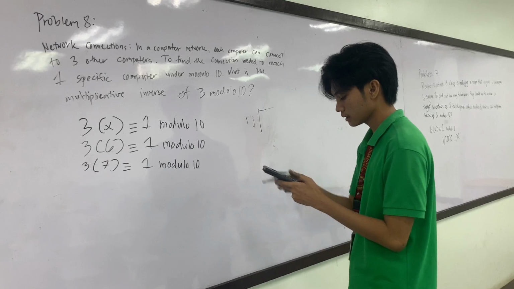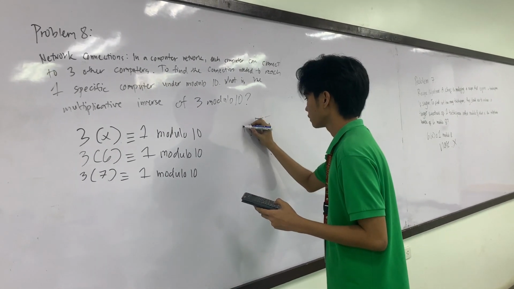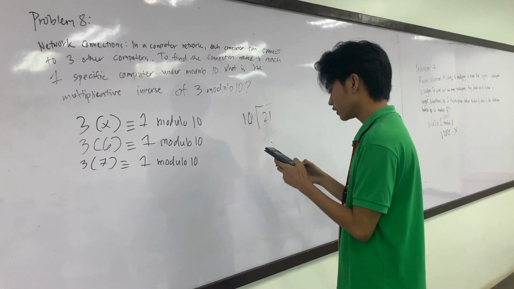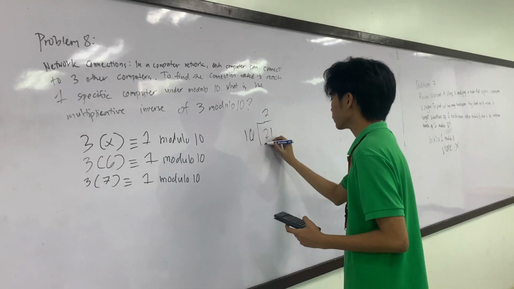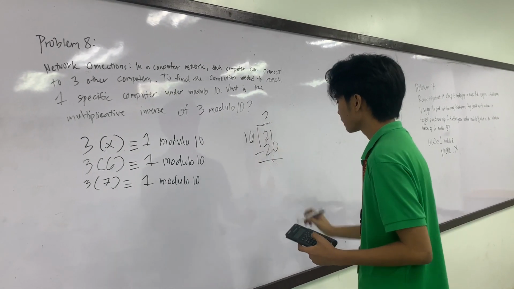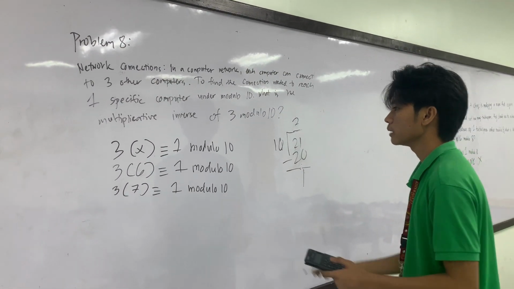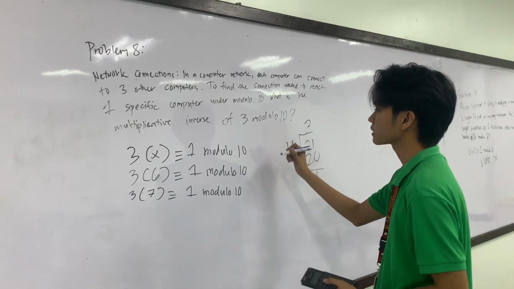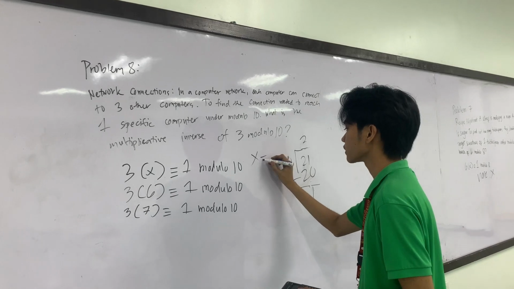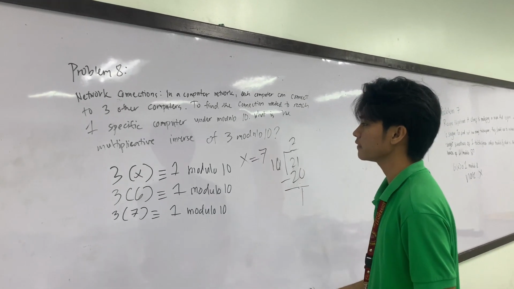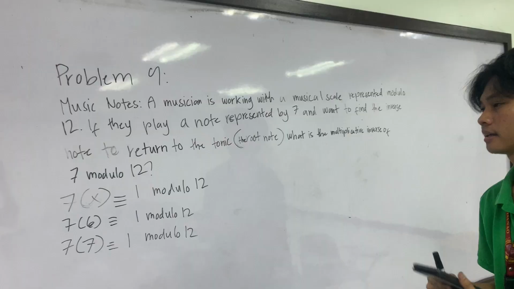So 3 times 7 is 21. 21 divided by 10 is 2. 2 times 10 is 20. So now we can get the remainder 1. So the multiplicative inverse of 3 modulo 10 is equal to 7. So x is equal to 7. The answer is 7.